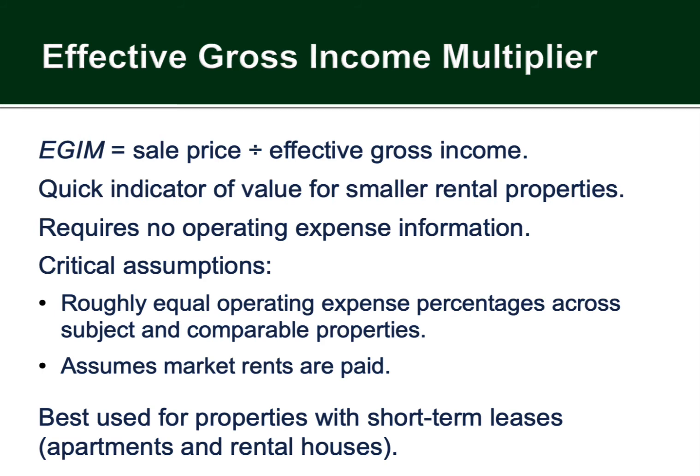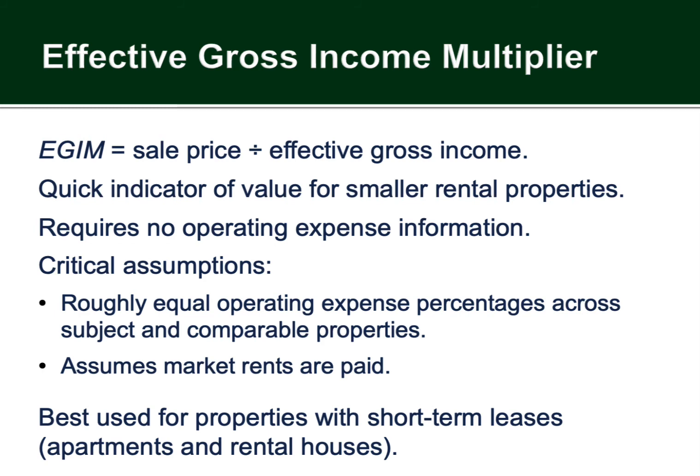But for less complex real estate, like a single family house or duplex bought for the purpose of investment, in practice some investors like to talk in terms of the effective gross income multiplier. This takes the proposed sale price and divides by effective gross income, which is that income after allowing for vacancies.